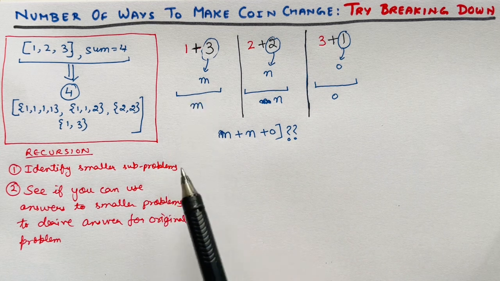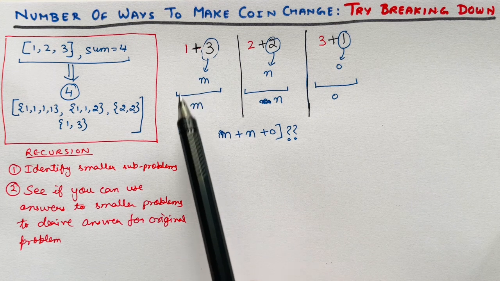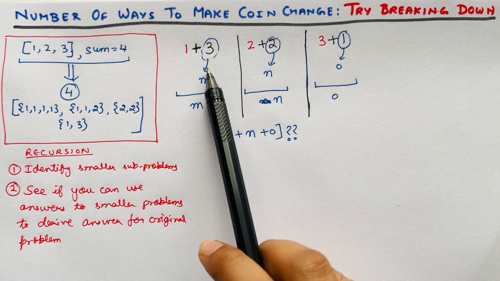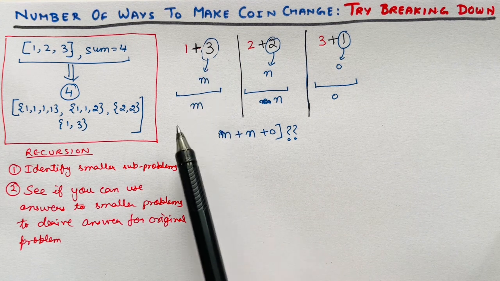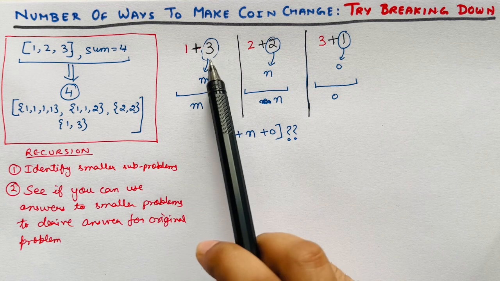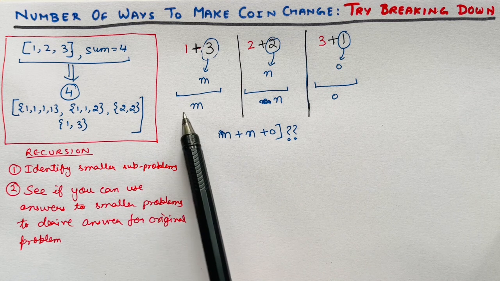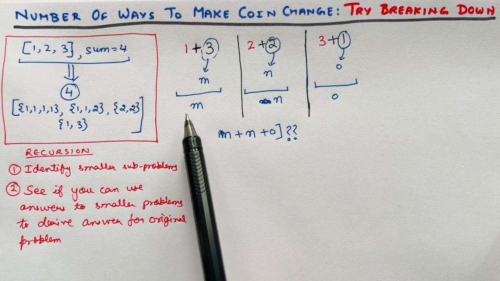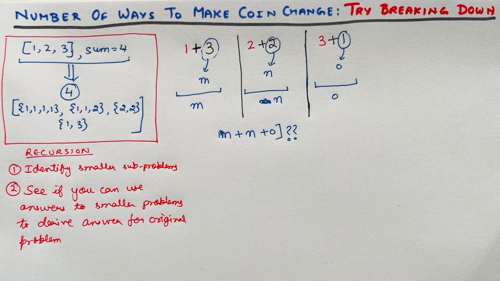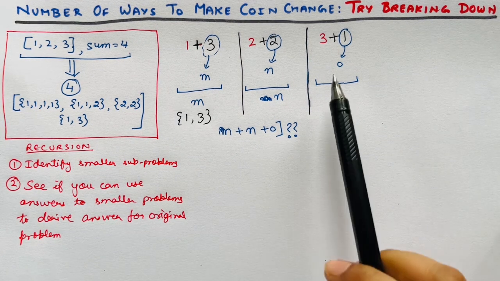Consider this here. Here we have picked a 1 rupee coin and we were looking for number of ways to make 3 rupees. Now one way of making rupees 3 is just picking a 3 rupee coin. Therefore, one of the m ways here will be a 1 rupee coin and a 3 rupee coin. Now consider this.